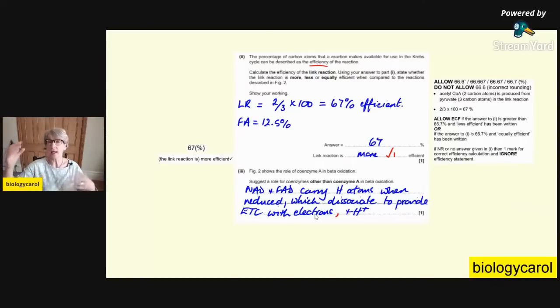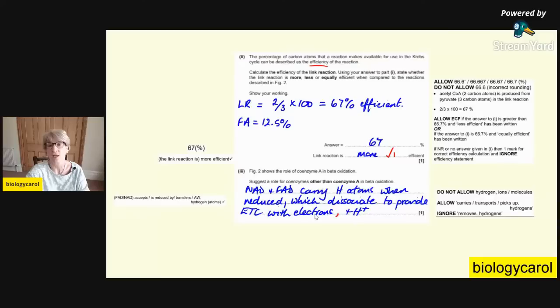Would it be for carrying hydrogen atoms like the diagram showed me, or would they actually require more detail, and would they really want me to notice that it's actually carrying the electrons that are used in the electron transport chain? I didn't know, so I put everything in. And as it was, they just wanted to know about the hydrogen atoms. Notice you are not allowed to say hydrogen ions or hydrogen molecules because that is not true biologically or chemically. And so it carries the hydrogen atoms.